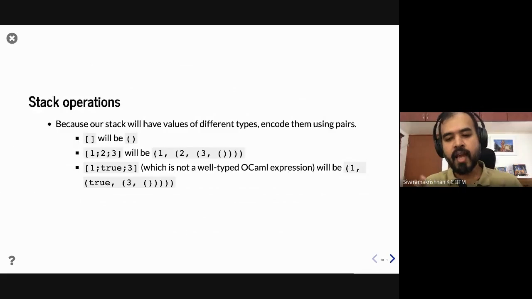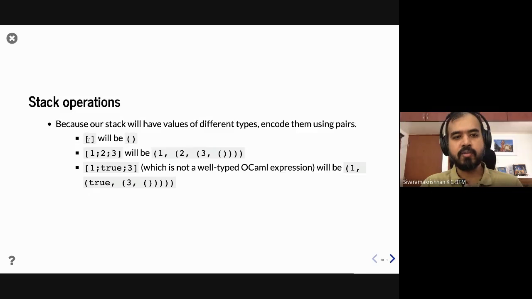So, as I mentioned, our stack is going to contain values of any type, right? So we cannot use a list for this purpose because all the values in a list are going to be of the same type. We cannot have mix and match values. So instead, what we are going to do is to use tuples for our stack.